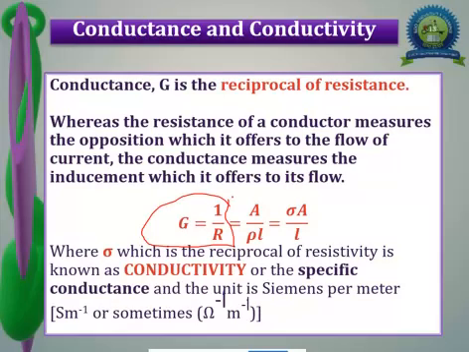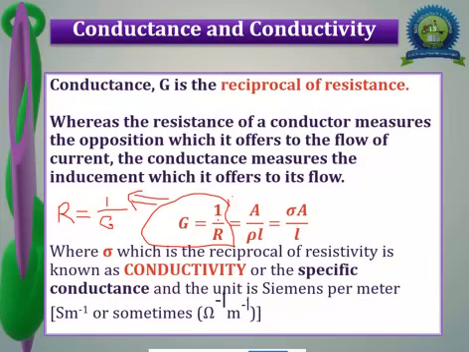Conductance G is equal to 1 over resistance. And from this, we can write that resistance is also equal to 1 over G. Is that okay by everybody? Then, this unit is measured in Siemens.